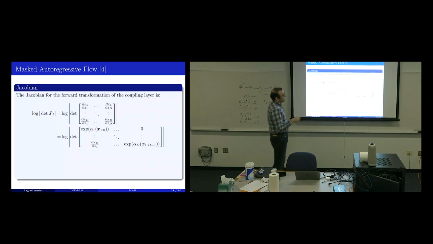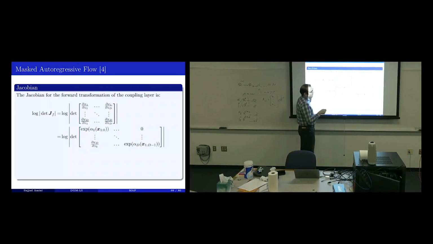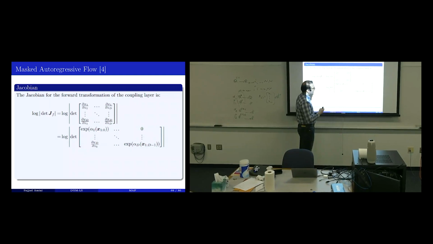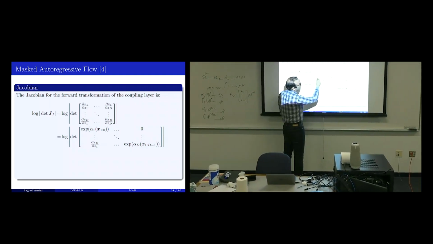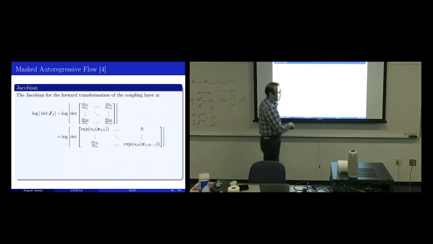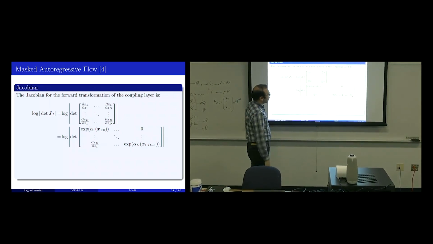Okay, and what are the diagonal elements that you should multiply together to generate the determinant? We know that the first element is multiplied by the exponent of alpha 1 of x less than 1. It's better to write it less than 1 here, not 1 to 0, because it is aligned with our notation in the autoregressive property.